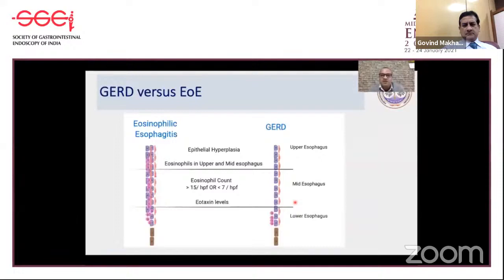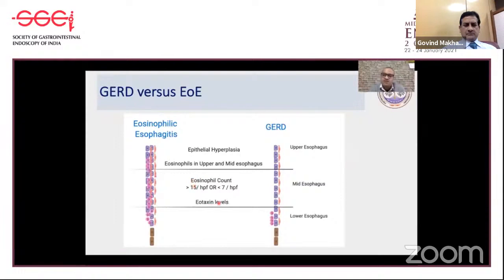Now, the important differential diagnosis is, of course, reflux disease, and eosinophils, especially in the lower esophagus, may be part of reflux disease. But for eosinophilic esophagitis, the eosinophils would involve almost the entire esophagus, including the upper and middle part, and the eosinophil count will be much higher, usually more than 15 per high power field.